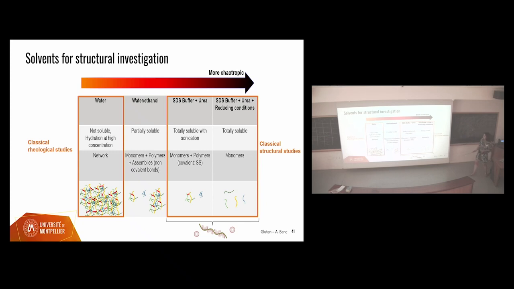So our point was to use the water-ethanol solvent I introduced previously, in which proteins are partially soluble, but from which we can get both gliadin and glutenin and get composition similar to the native gluten, and which is less chaotropic than this kind of solvent, and from which we can perform as well rheology on dense sample.